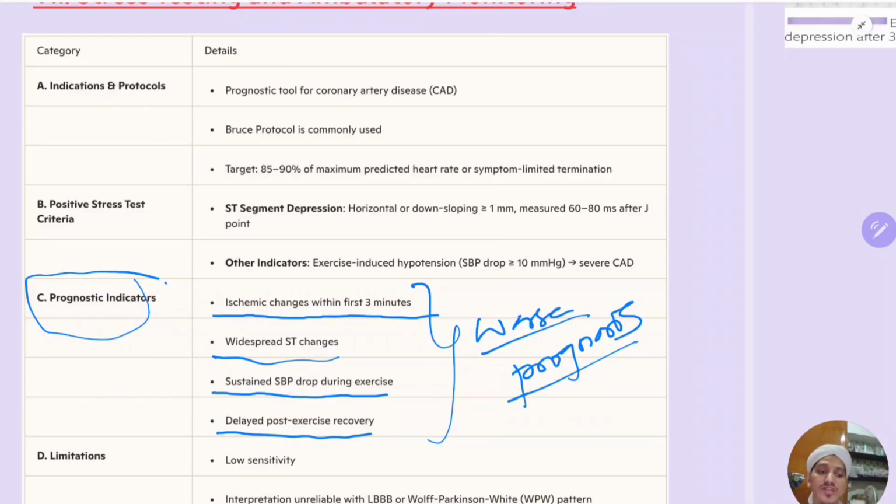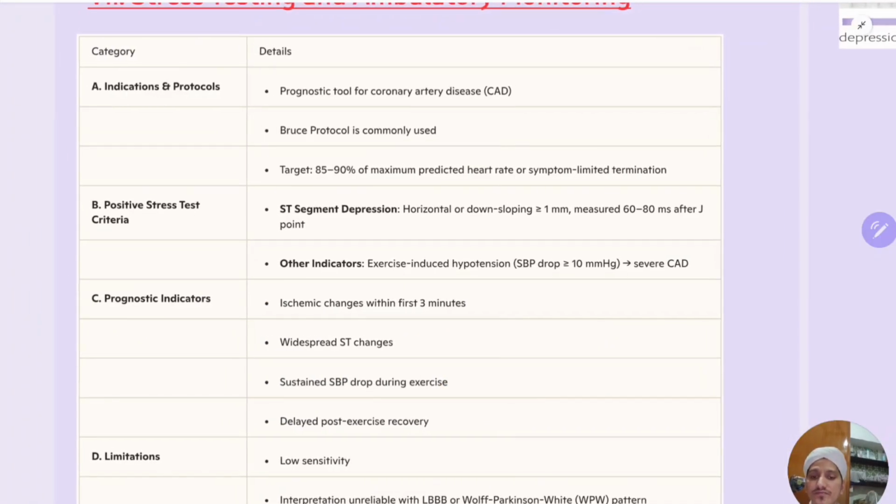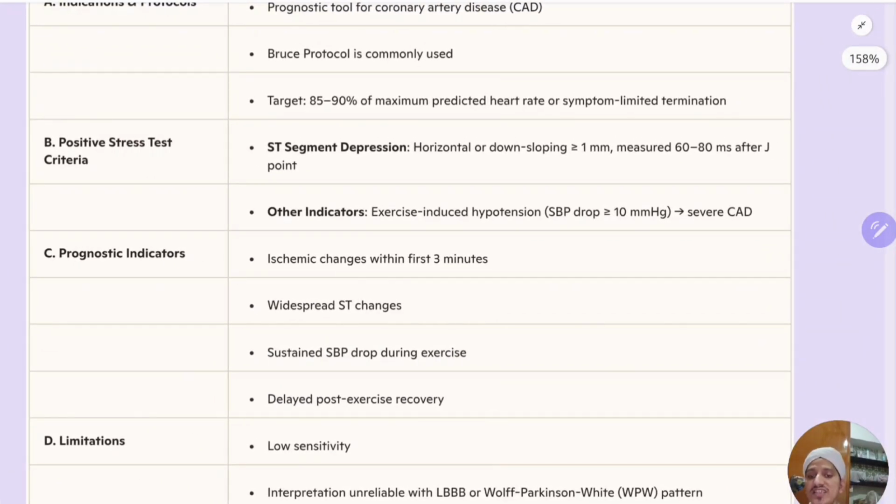Okay, then you should proceed for angiography in these patients. So these are the points of worse prognosis: ischemic changes in the first 3 minutes, widespread ST changes, sustained SBP drop during exercise, delayed post-exercise recovery. Four points. So what are the limitations of this test? Low sensitivity.